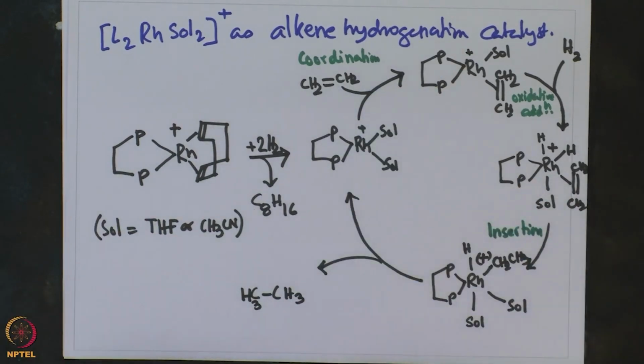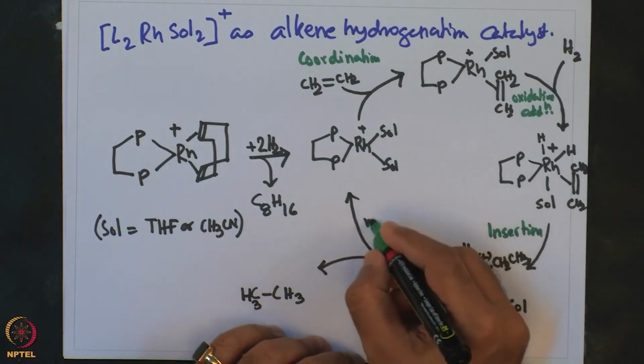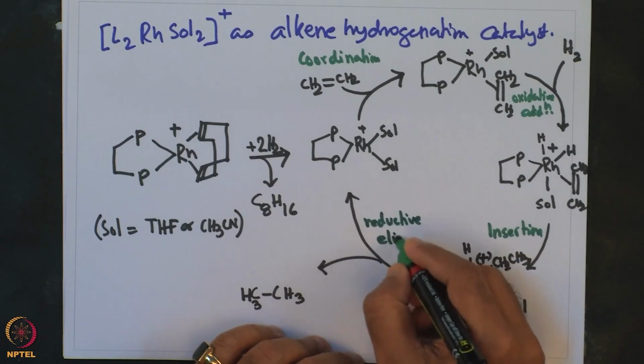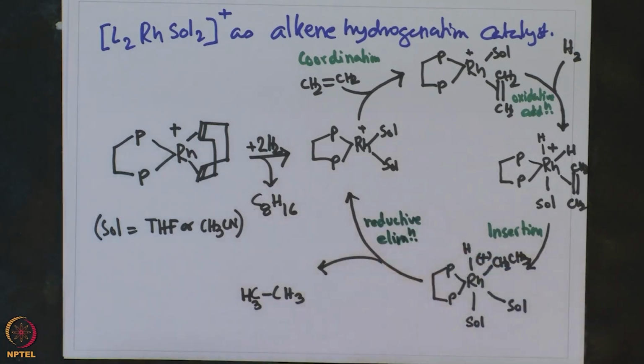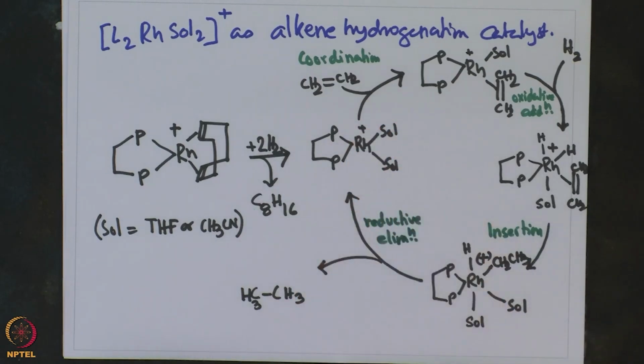So, the last step is a reductive elimination step, where this disolvated rhodium phosphine active catalyst is regenerated.